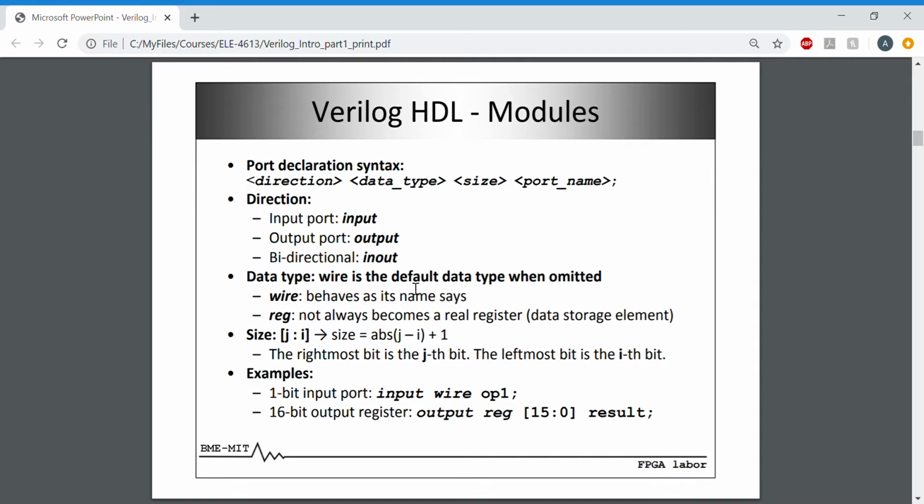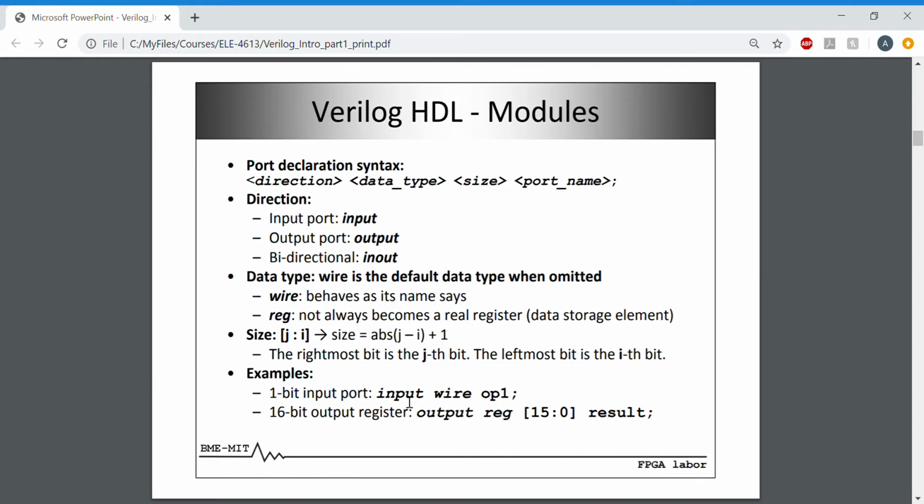Data type. Wire is the default data type when omitted. So wire is always omitted, right? It behaves as its name says. It's just a wire. A reg means this is only for outputs. A reg, which does not always become a real register, is used for outputs when outputs are registers.